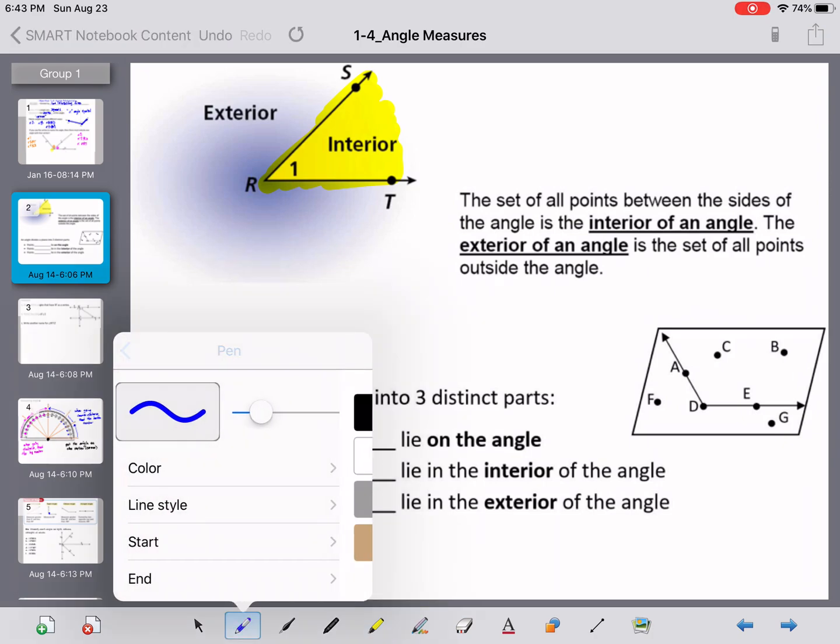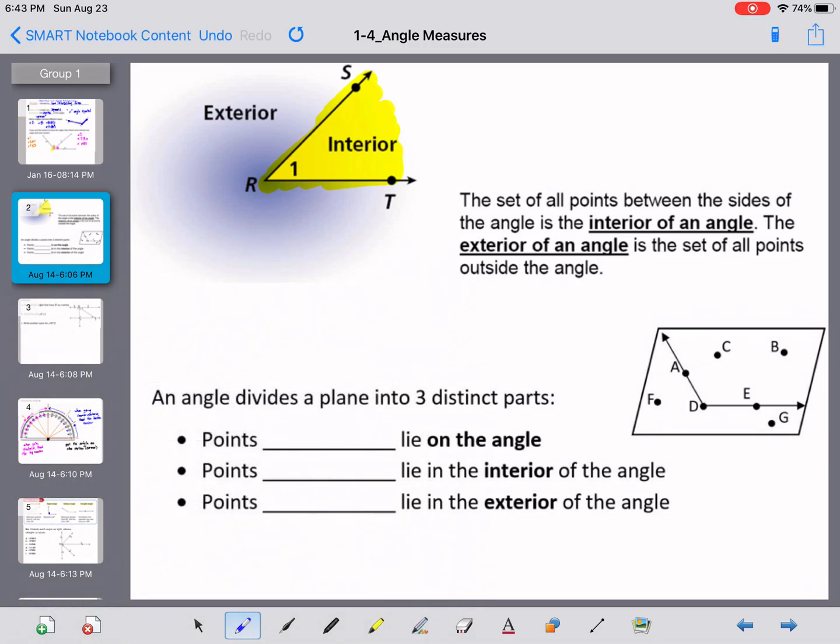So let's look at our problem down here. We can have things being on the angle, on the interior of the angle, or on the exterior of the angle. So if we're on the angle, we would be on that little blue line. So we've got points A, D, and E. Okay? A, D, and E lie on the angle.